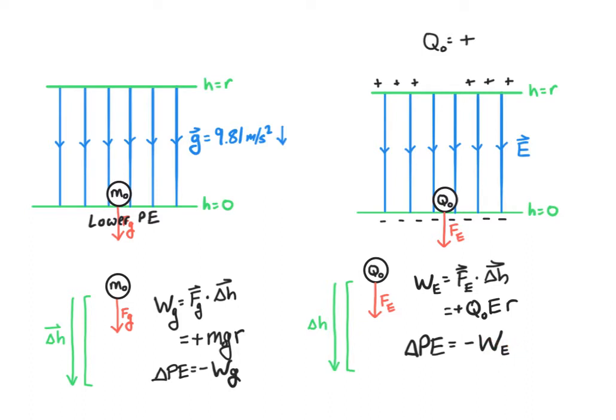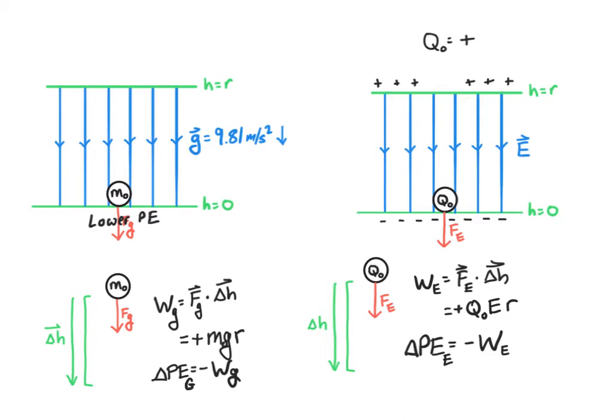Now, obviously, these two potential energies are not the same kind of potential energy. This potential energy has to do with gravity, and this potential energy has to do with electric fields. And so let's label them for clarity. This is the change in gravitational potential energy, and on the right here we have the change in electric potential energy.